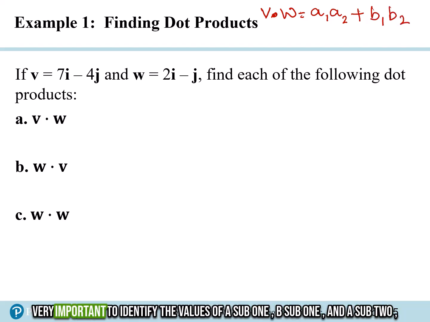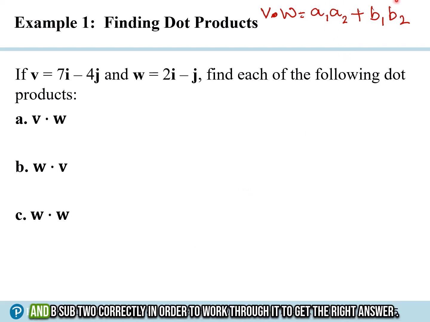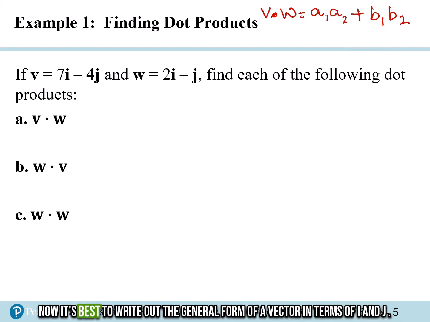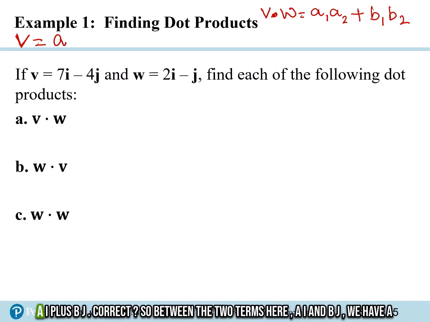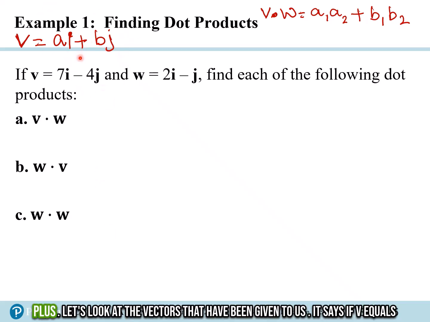Now it's very important to identify the values of a sub 1, b sub 1 and a sub 2 and b sub 2 correctly in order to work through it to get the right answer. It's best to write out the general form of a vector in terms of i and j. It's v equals ai plus bj, correct? So between the two terms here, ai and bj, we have a plus.